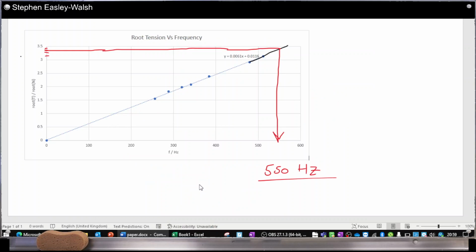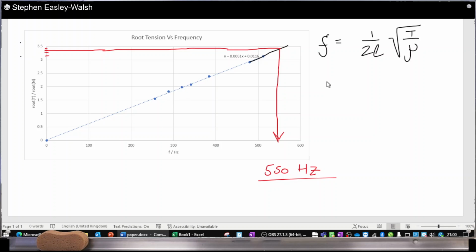So you have this formula: 1 over 2L root T over mu, that's equal to F. Now, if we want to use the graph, we need to figure out what the slope term is. So our graph, remember, was root tension versus the frequency. It's pretty close to having that already.